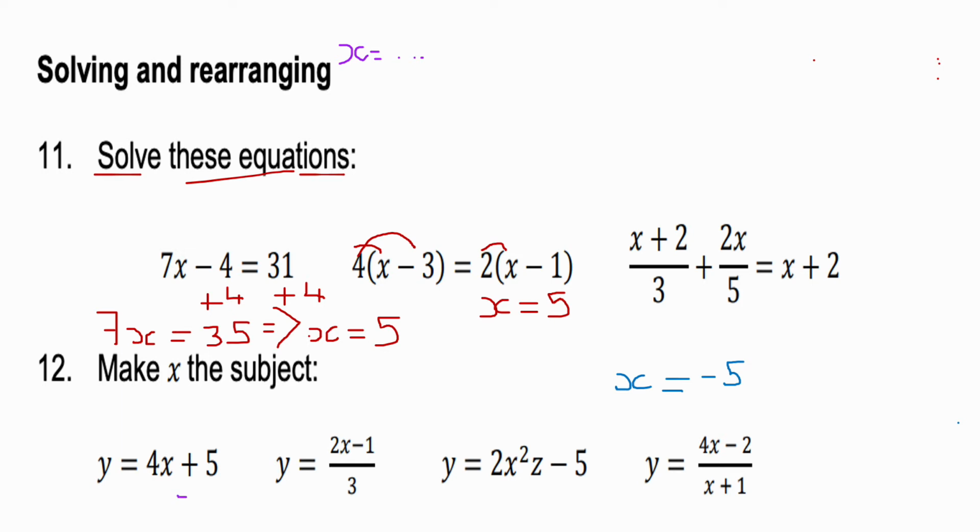If I subtract 5 on both sides of my equation, I get y take away 5 is equal to 4x. 4x means 4 times x, so if I divide both sides by 4 to balance this equation, or this formula rather, I get x is equal to y take away 5 all over 4.